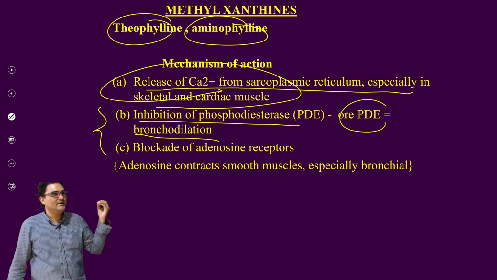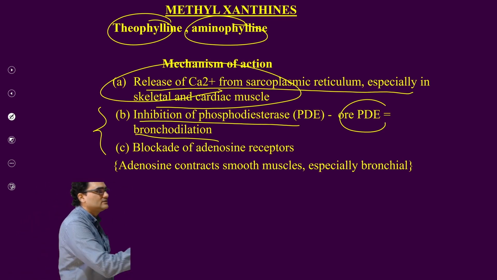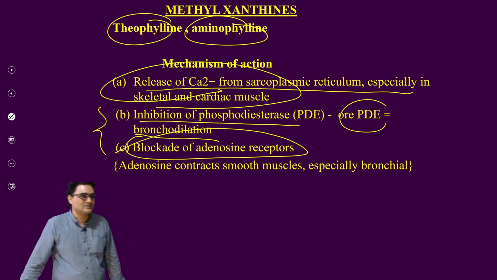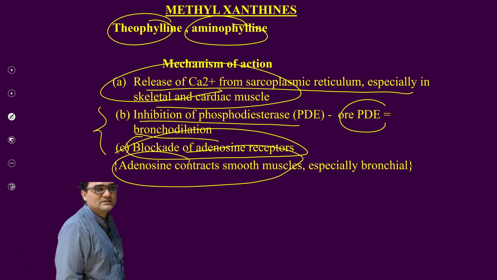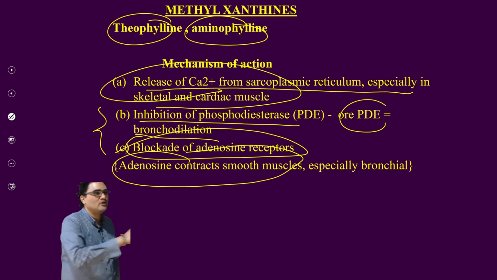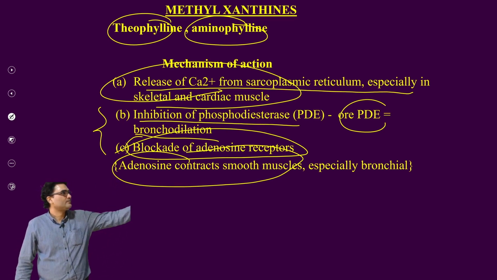Next, there is blockade of adenosine receptors. Adenosine causes contraction of smooth muscle in the bronchus. By blocking adenosine receptors, they cause bronchodilation.